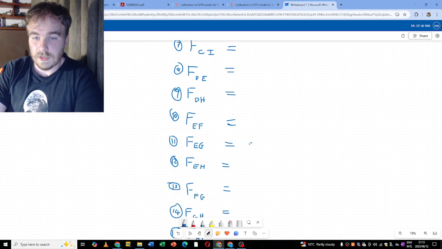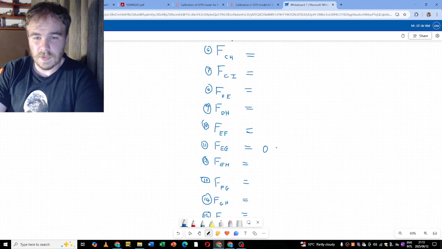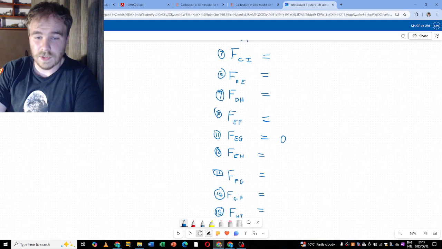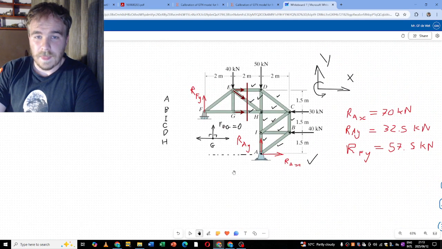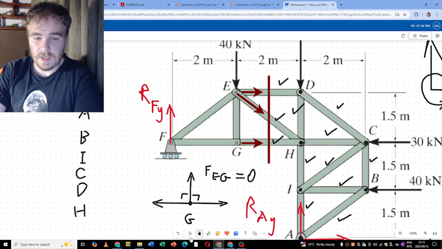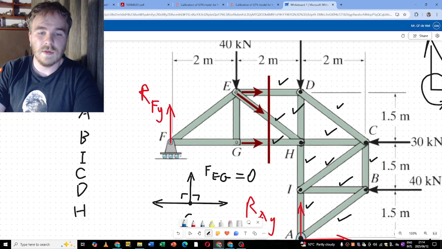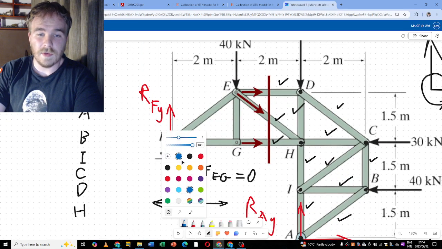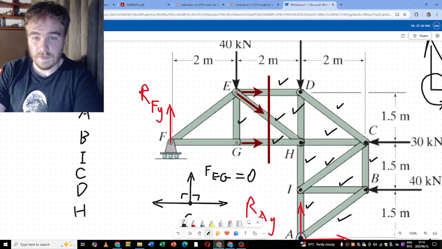EG is 0. So we already have our first force. Great. So I can tick that one off as well. We do not have to go calculate that anymore.